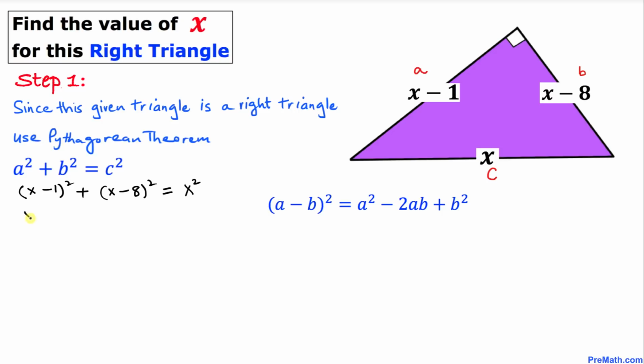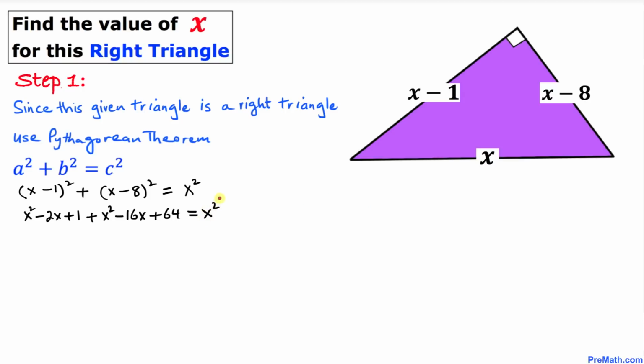So this is going to become x square minus 2x plus 1. And for the next binomial, that is going to become x square minus 16x plus 64, equal to x square.